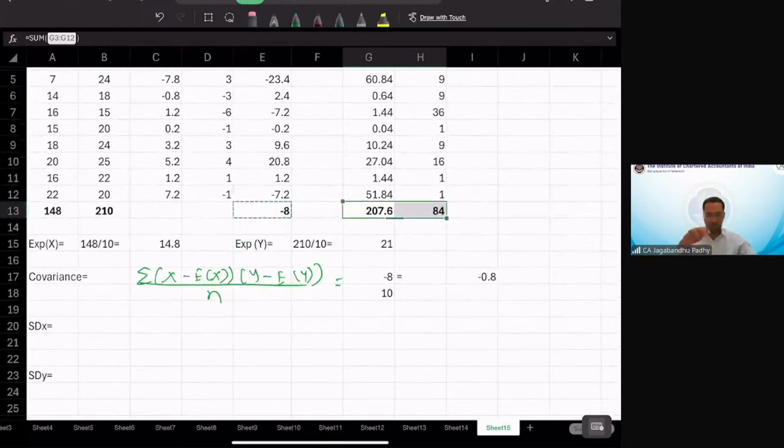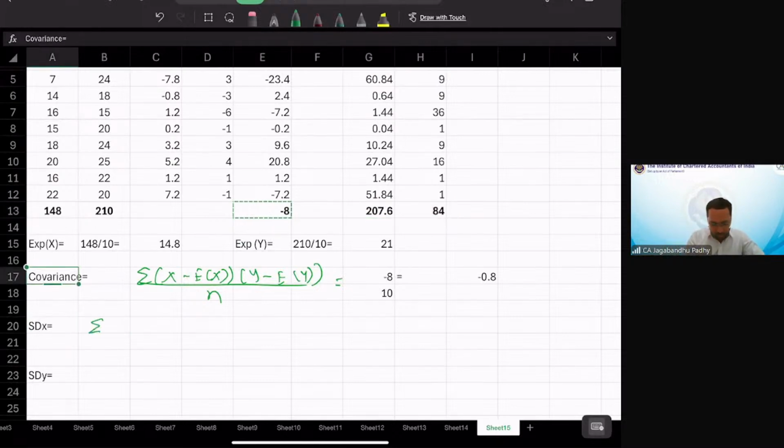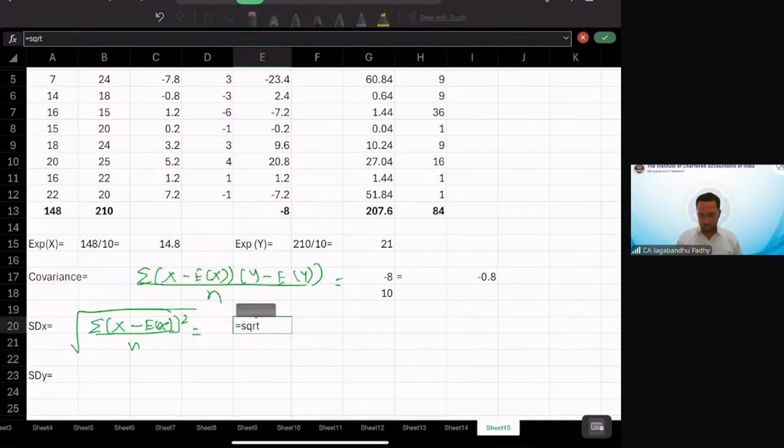So the formula for standard deviation of x is square root of summation of x minus expected value of x, the whole squared, upon n. So now the calculation over here will be the square root of the variance, the sum of square deviations divided by 10.